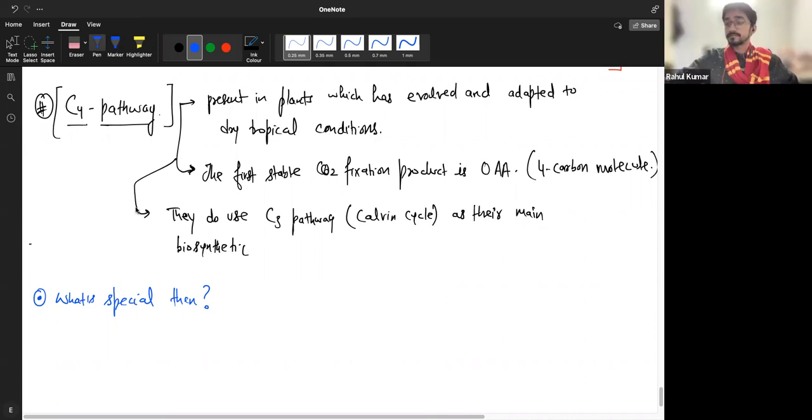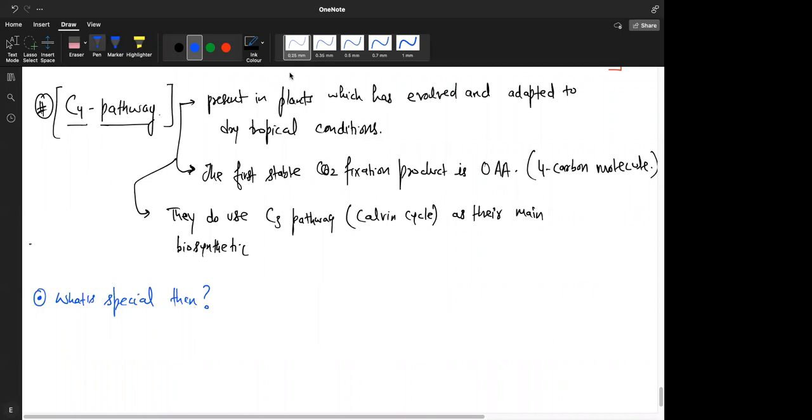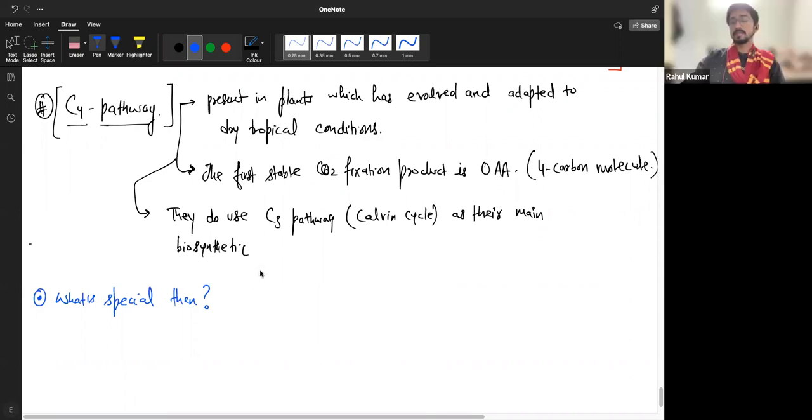Kranz itself means wreath. It means the wreath-like anatomy. Okay, but what is this wreath-like anatomy? The term is not clear itself.